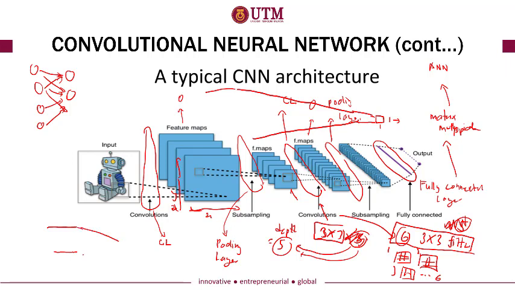Sometimes they have many alternating operations: maintain the size, shrink a little bit, maintain the size, shrink a little bit, and then maintain the size before you fully shrink until you get a single pixel.